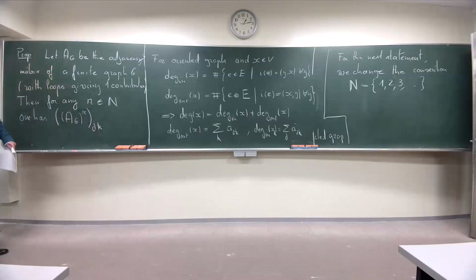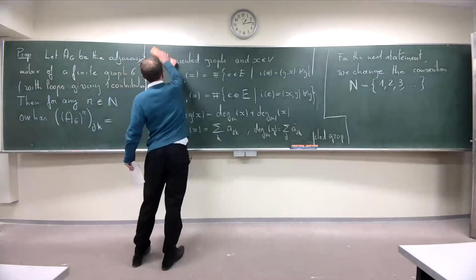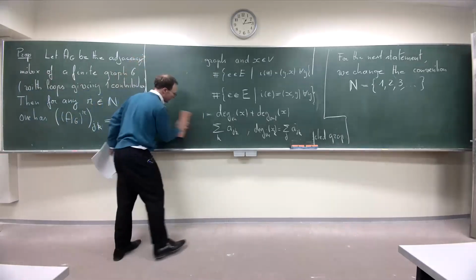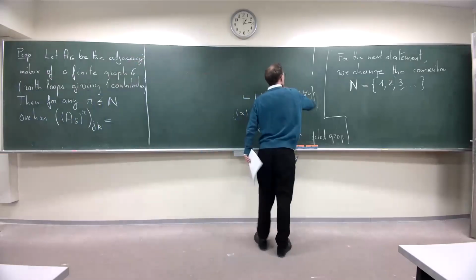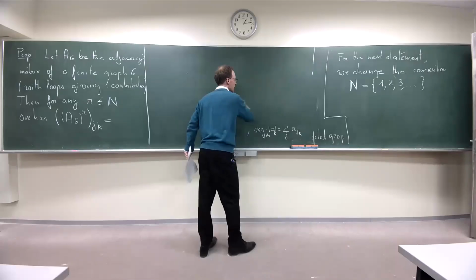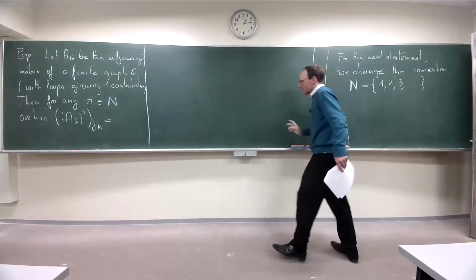So it's a product of R matrices, and I look at the entry JK of this. Can you guess what this quantity is? Without reading the notes. The initial matrix gave us the number of edges between xj and xk.